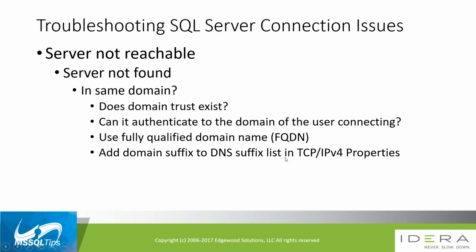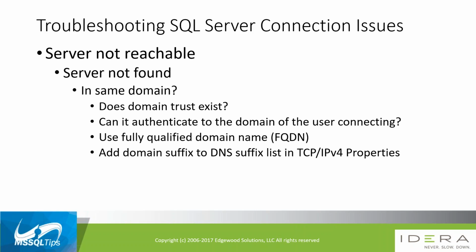One of the big reasons I added the domain suffix in the past instead of just using the fully qualified domain name all the time is that SQL Server replication requires the machine name to be used for replication.